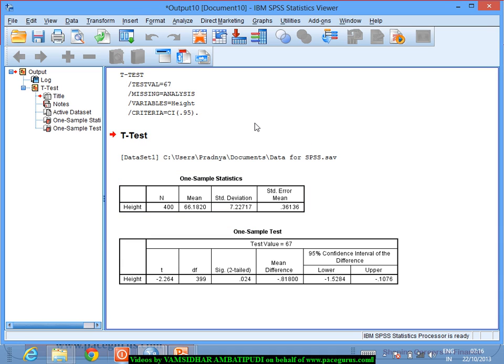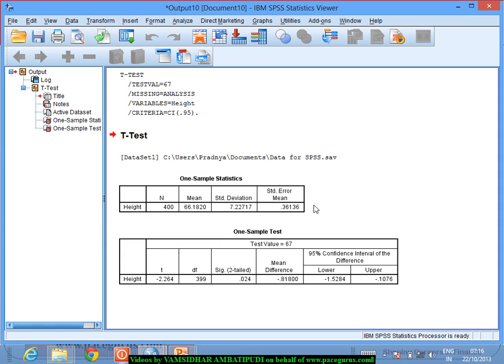And before I do that, I am even computing the standard deviation, which is working out to around 7.22 in this case, and the standard error is nothing but standard deviation sigma by root n, 7.2 divided by square root of 400. That is the standard error of the mean.